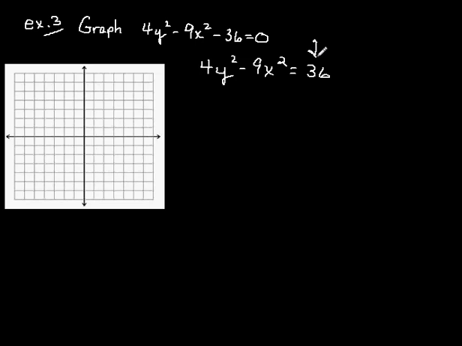We have to get a 1 right here, so we divide everything by 36. So we get y squared over 9 minus x squared over 4. How do you like how everything is a perfect square and everything works out perfectly with the numbers here? Equals 1.